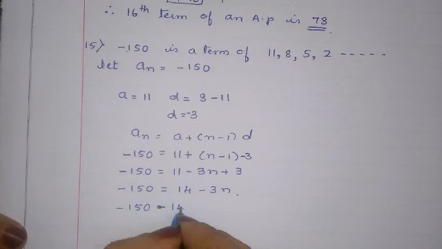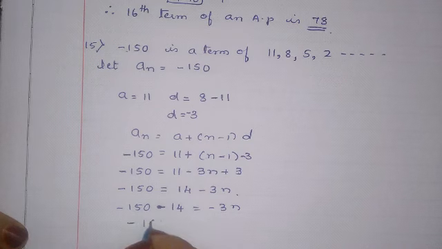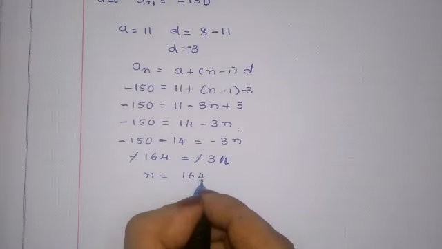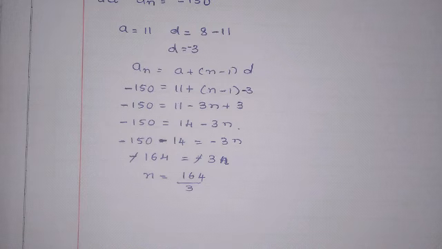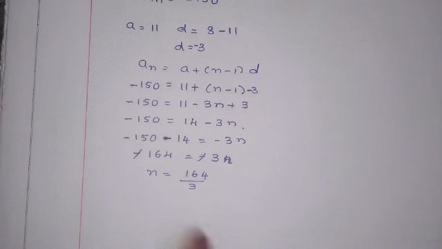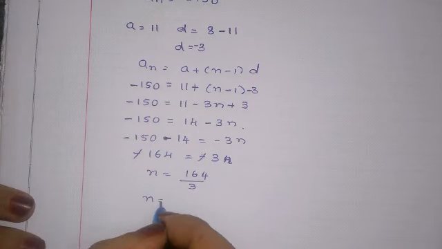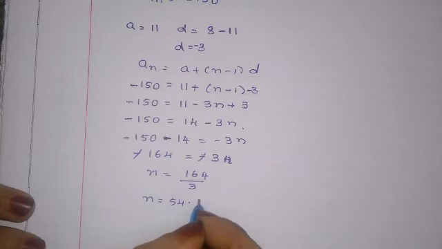Now minus 150 is equal to 14 minus 3n. 14, if I bring here, becomes minus 14, so minus 150 minus 14 is minus 164, equal to minus 3n. Minus and minus cancel, so n is equal to 164 upon 3. 164 upon 3 is not divisible, so it does not become an integer; we will get 54.6.